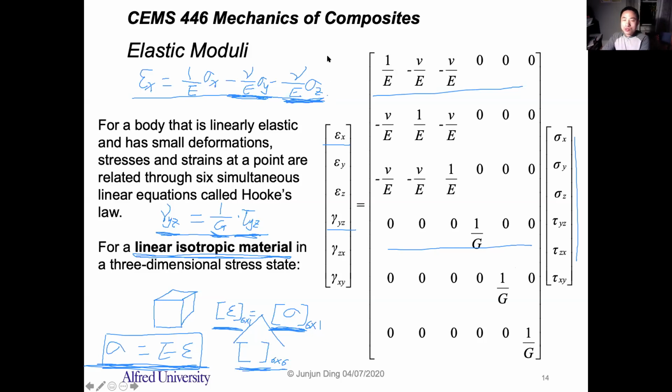So please don't be afraid of this large matrix, right? It's only a combination of 6 equations of the stress and strain, right? You can write 6 individual equations in this way, but to make your life easier in the future, you should write it in the matrix format, right? So that's much easier.